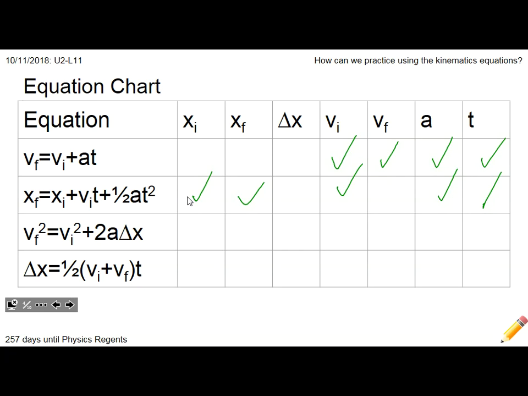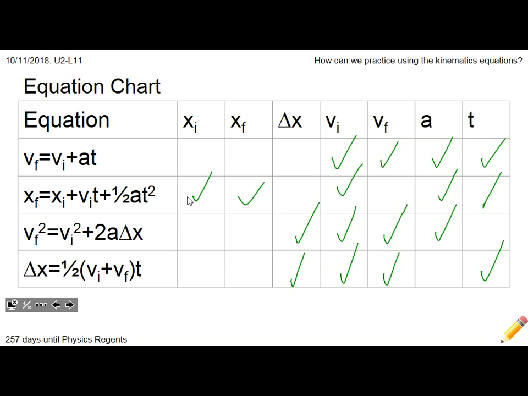The third equation has V final, V initial, A, and delta X. And the last equation has delta X, V initial, V final, and T. Okay.